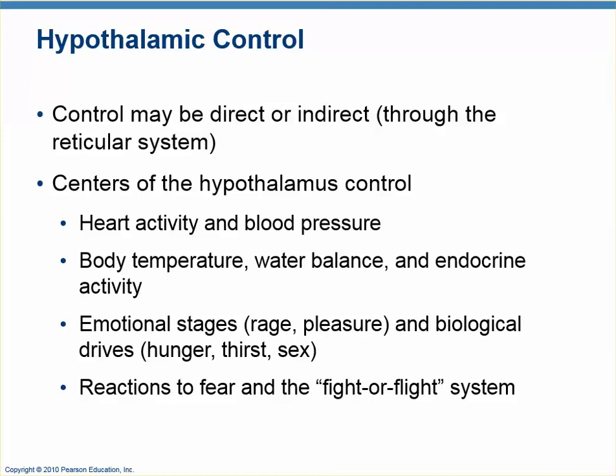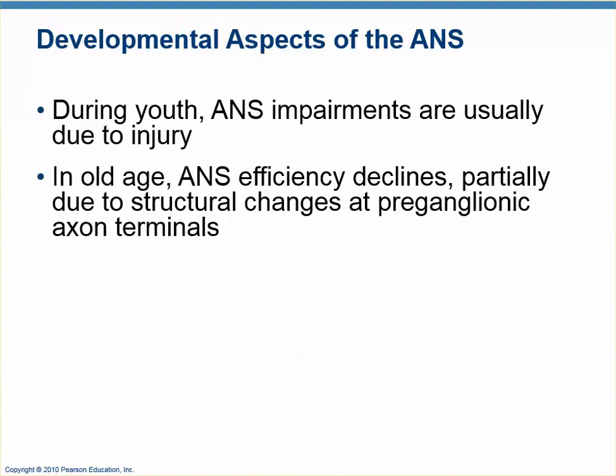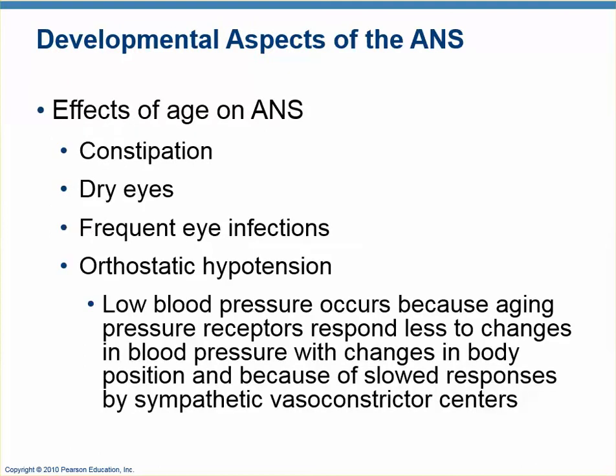When we talk about water balance, we're going to talk about hypothalamic control. We've already talked about endocrine control by the hypothalamus, the releasing and inhibiting hormones, those sorts of things. And then the rest of this is developmental aspects, and that is the autonomic nervous system.